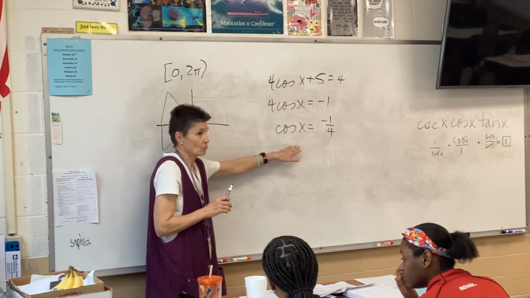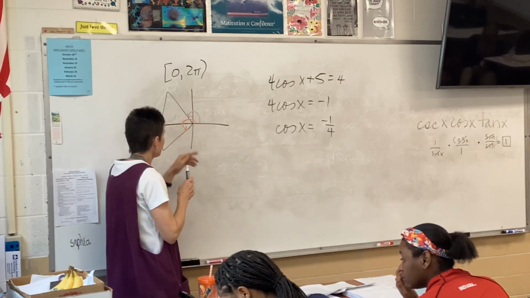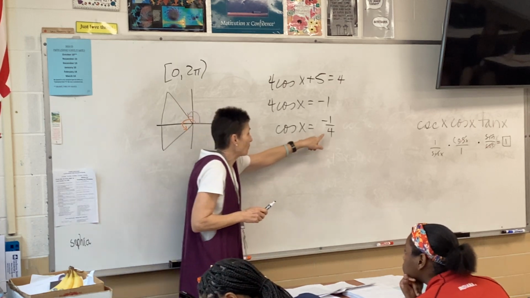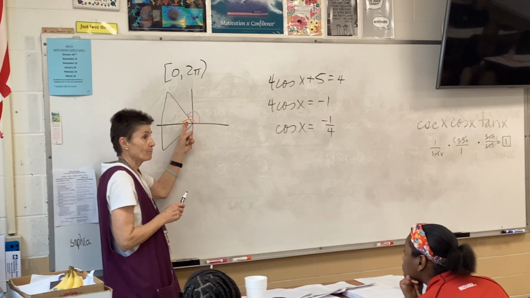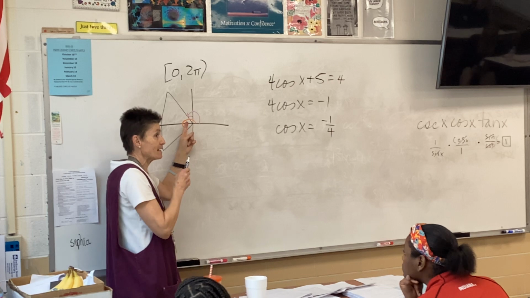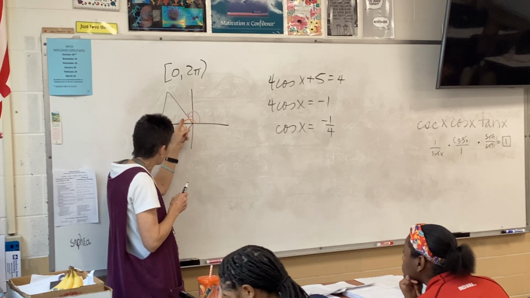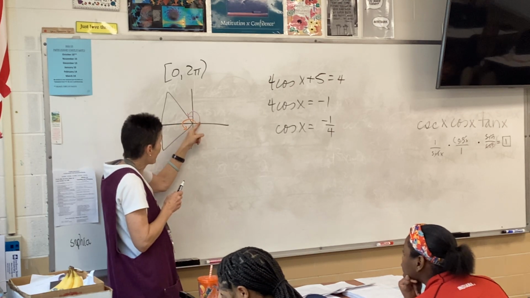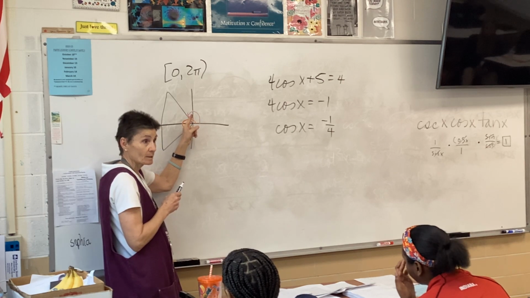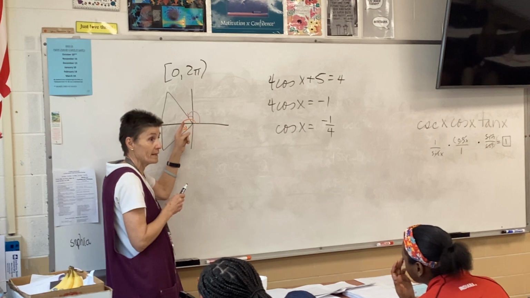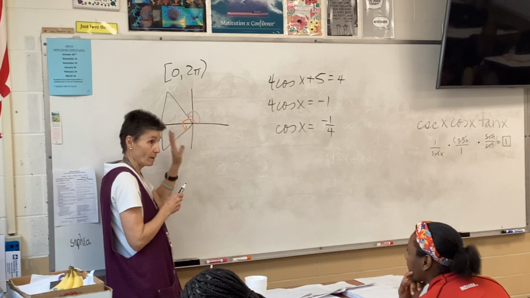This is not a special triangle, but let's say it was. Let's say I knew that was a half, so I knew that angle right there was 60. How would I get my answers if I knew the little angle right here was 60? I would do 180 minus 60, and then the orange would be 180 plus 60, right?